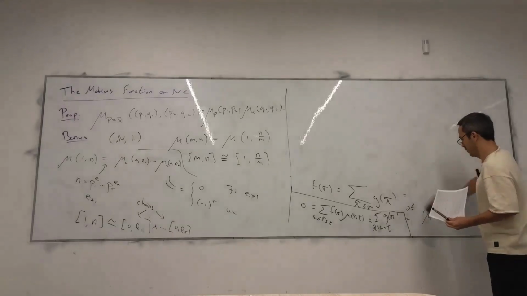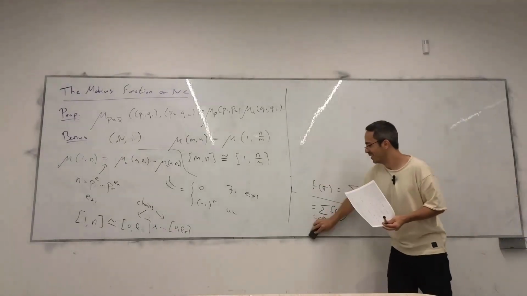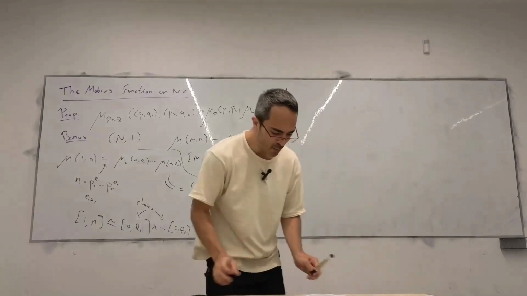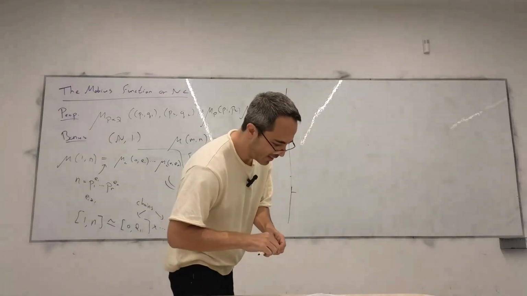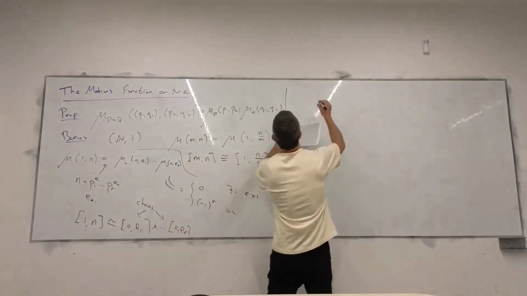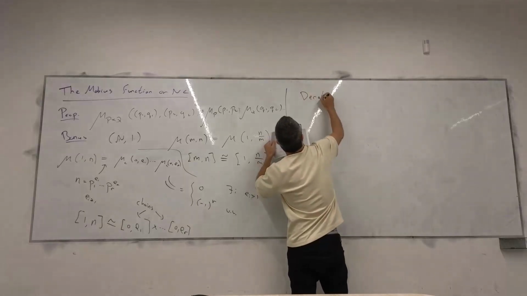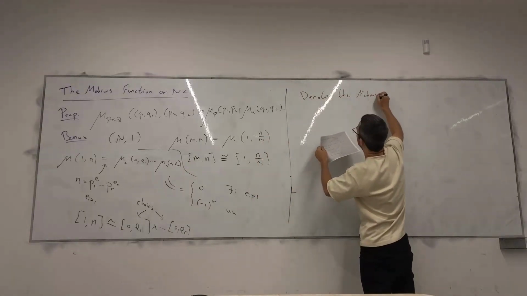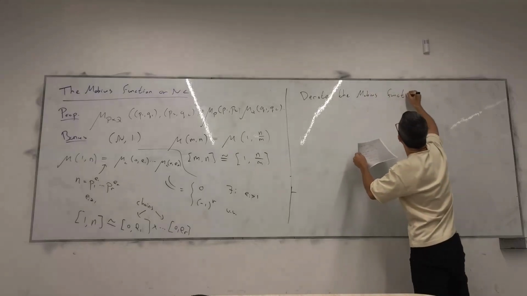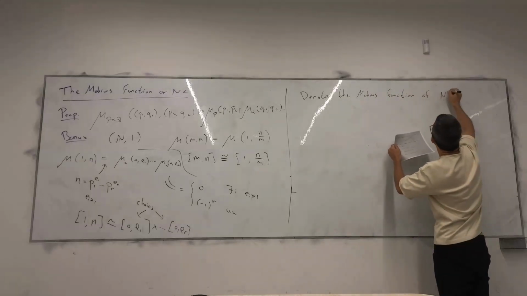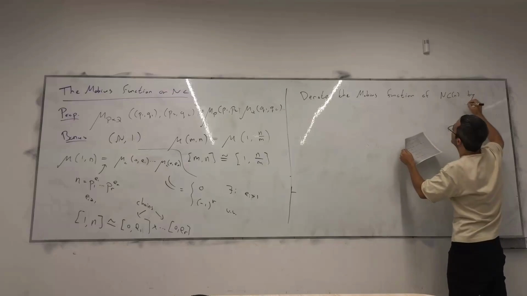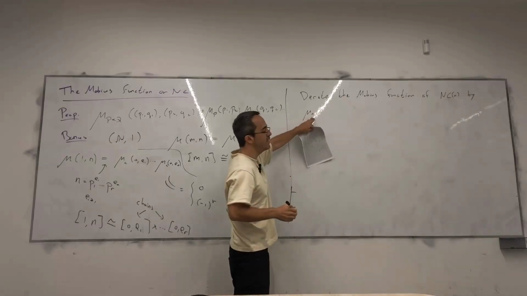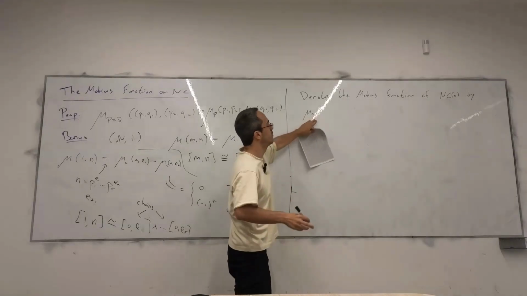Okay, so what's your guess about the Mobius function of NC? Let me be more clear about what I mean by that, because it's a whole matrix. I only care about the last entry. So denote the Mobius function of NCN by mu n. It takes something in NCN times something in NCN to some complex number.